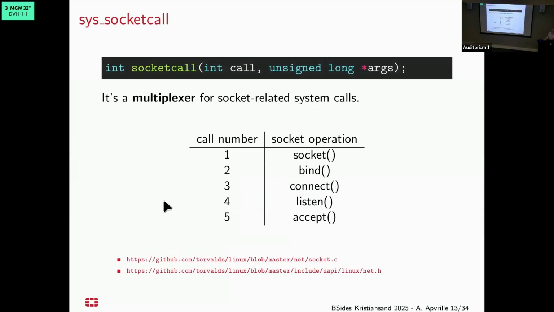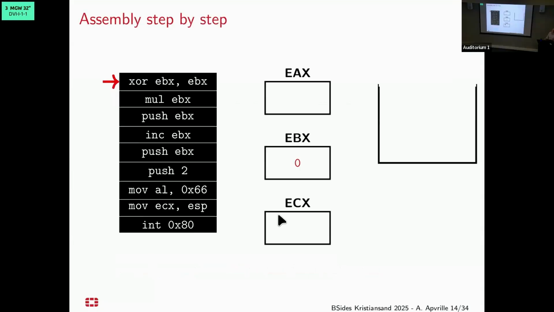And it's a bit more complicated in that case because socketcall is actually a multiplexer for several different socket-related calls. So here, depending on the first argument, it's going to go either to socket, to bind, to connect, to listen, or to accept. Now we're going to see that in detail.